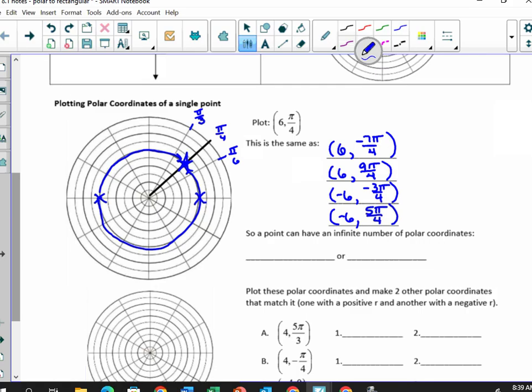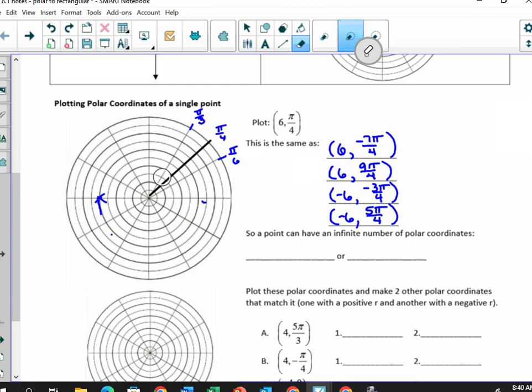Pi over 4, you still go counterclockwise to get there, but then the negative would go in. So you do the radius part first. So if I see -6, I need to go out here first, and then I travel my angle from there.